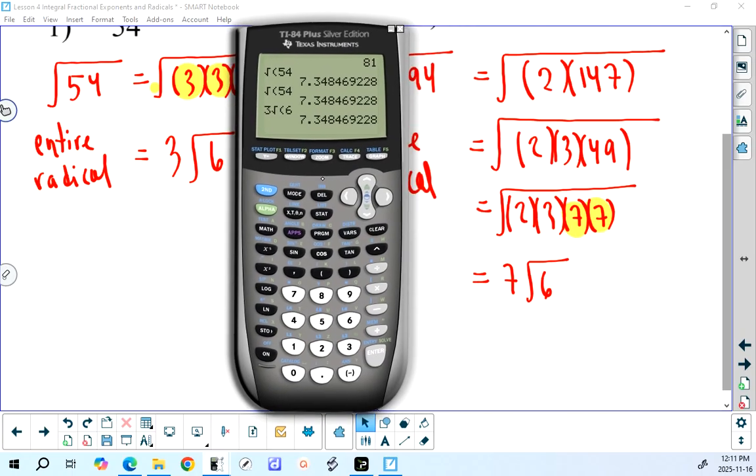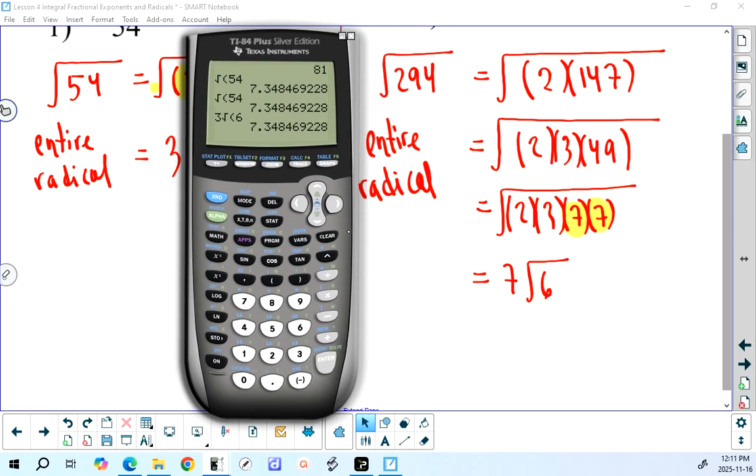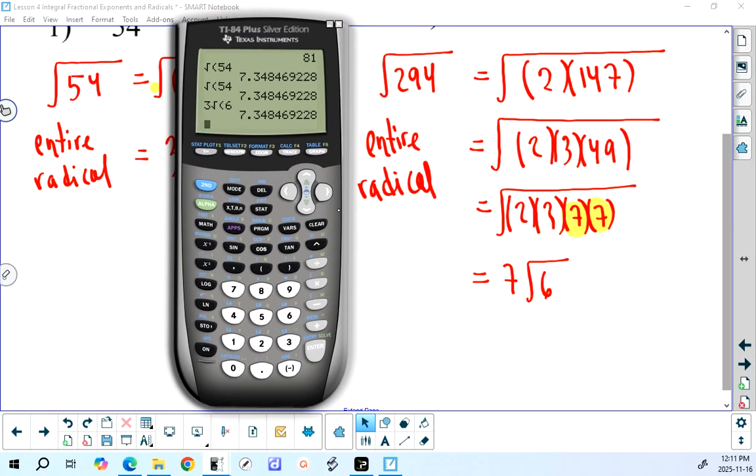Again, I don't think you necessarily have time to check every answer. What about root 294? The square root of 294 gives me that number, approximately, on my calculator. 7 root 6 gives me the same number on my calculator.